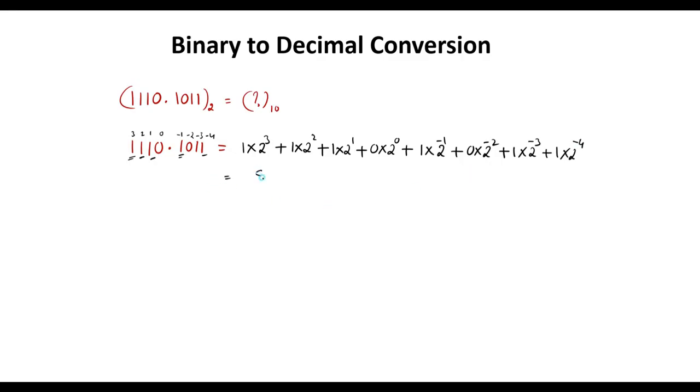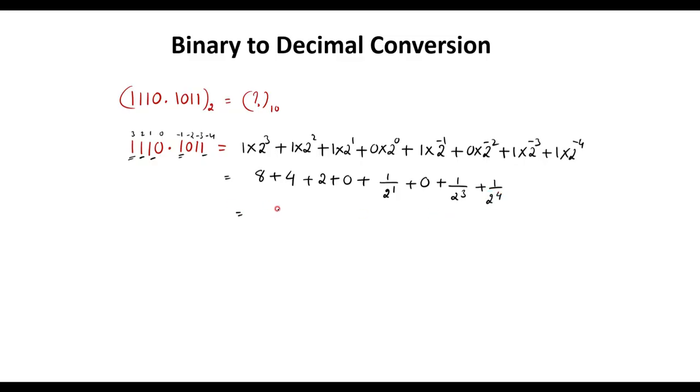I can simplify this. This is 8 plus 4 plus 2, plus this will be 0, plus this is 1 over 2 power 1, plus this is 0, plus 1 over 2 power 3, plus 1 over 2 power 4.